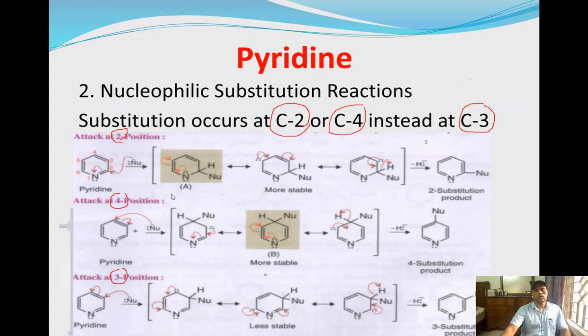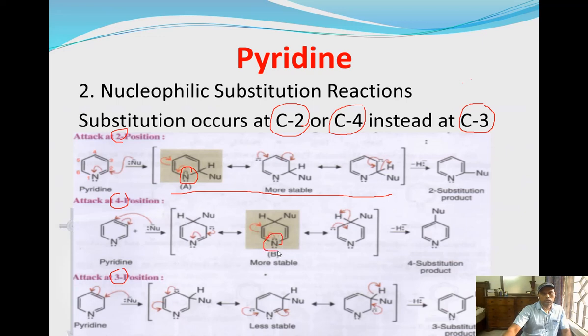Let's look at the intermediate stages. A negative charge on the nitrogen is more stable. Out of these structures, you get one resonance structure with a negative charge on the nitrogen, and here again one more negative charge on the nitrogen.